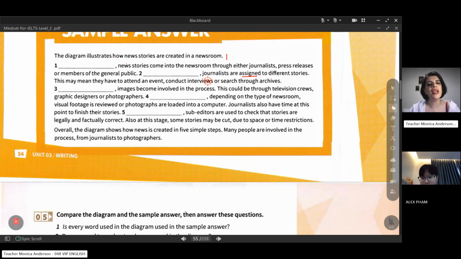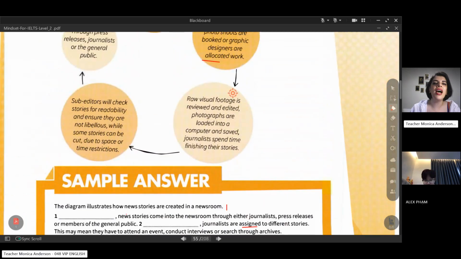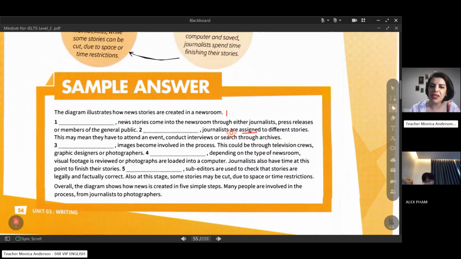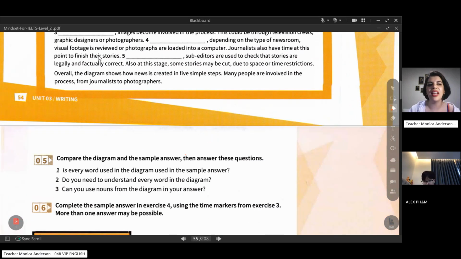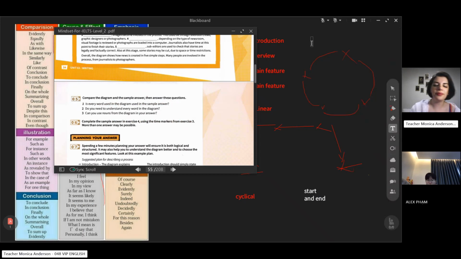Like for example, journalist here can be an anchor because you don't need to use a synonym for journalist. So this is an anchor. Assign is a keyword because, for example, you can use allocate. So you can say something like this: keyword and anchor words.